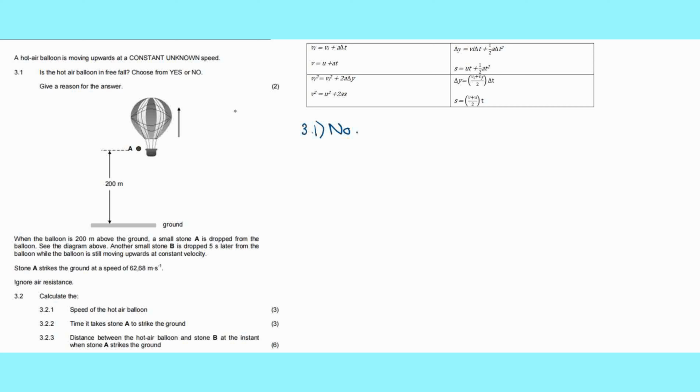Free fall refers to an object that only has gravity acting on it as a force, and therefore the object will be accelerating due to gravity and not moving at a constant velocity. So our answer is no, because the hot air balloon is moving at constant velocity.